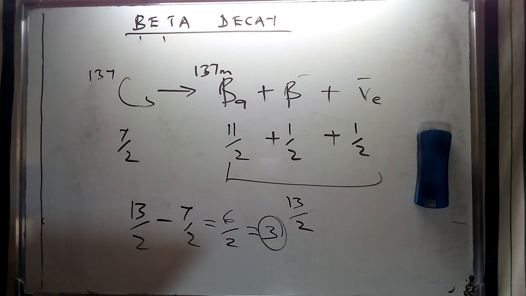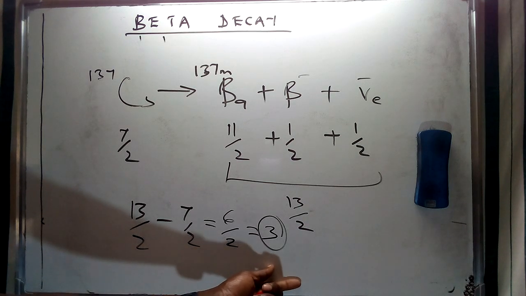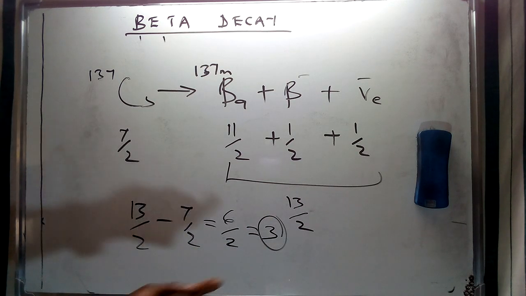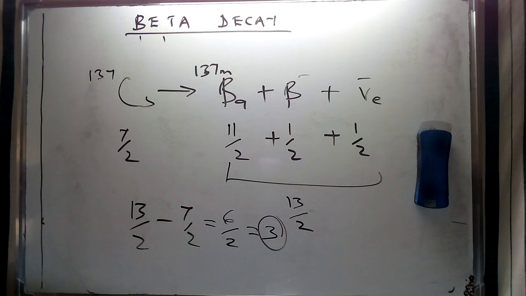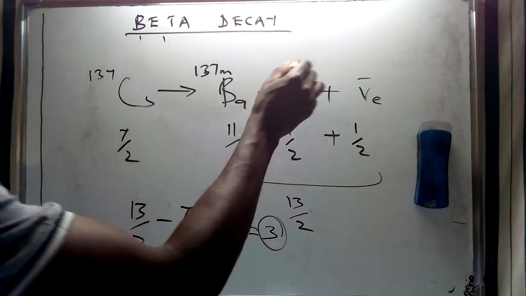So this is going to be a whole number value, an integral value, and this allows us to observe the law of conservation of angular momentum in this beta decay process.